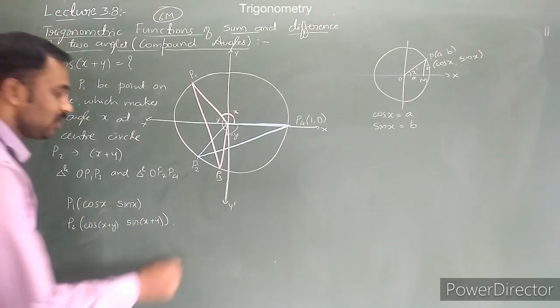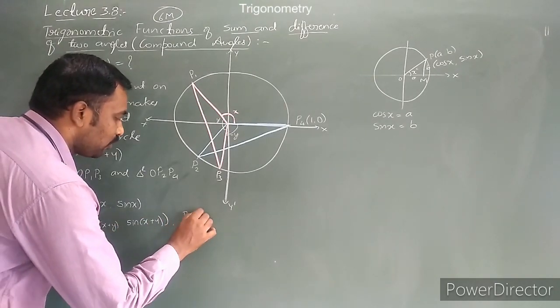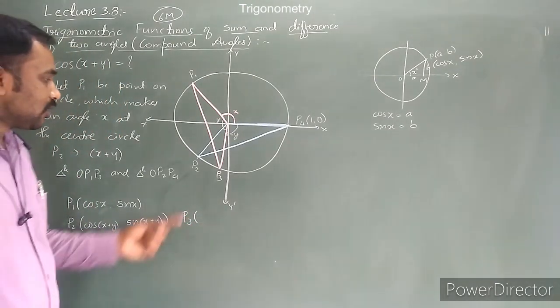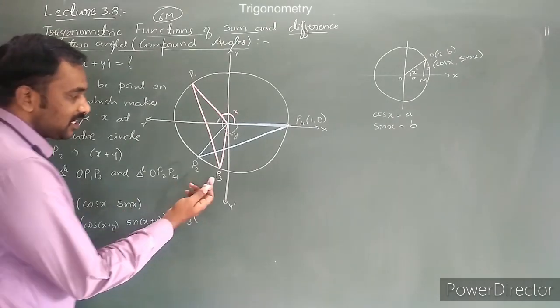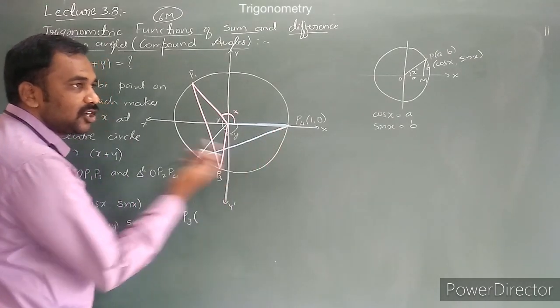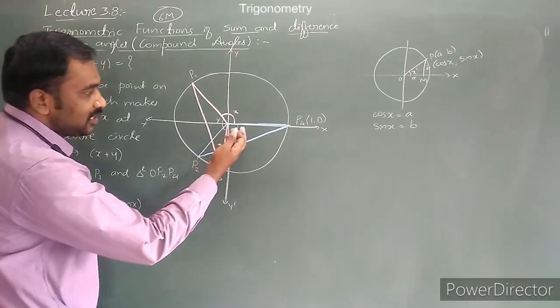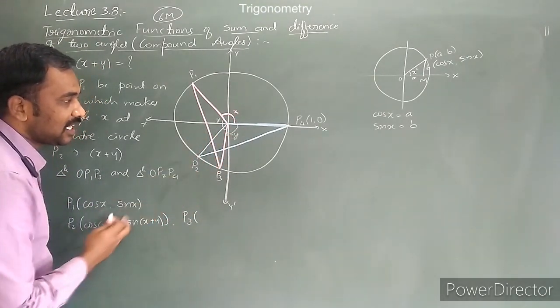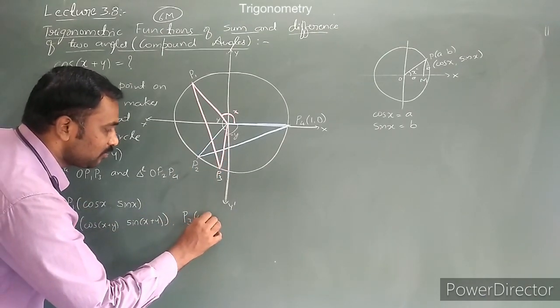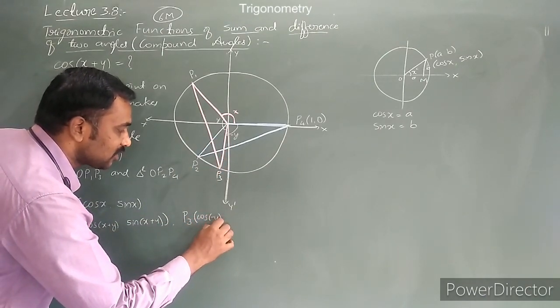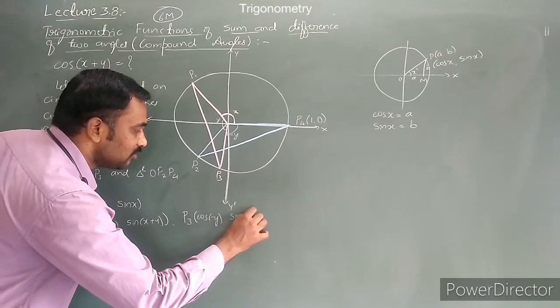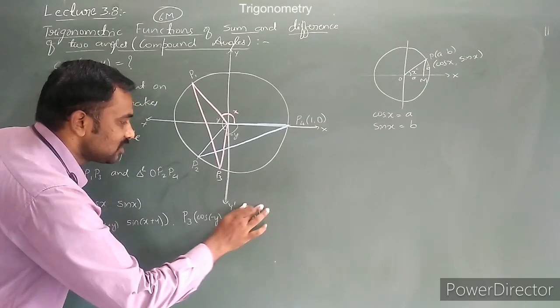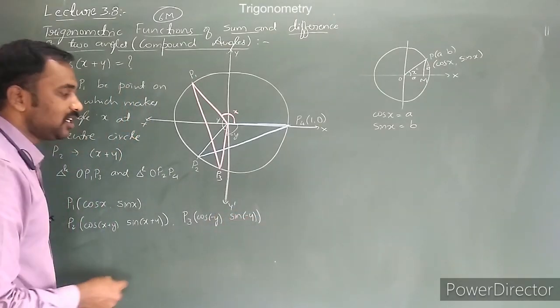Next, what is the coordinate of the point P3? The central angle with the x axis, how much angle is it subtending? Here it is the negative direction, or clockwise direction. So we can write it as cos of minus y comma sin of minus y. This is the coordinate of the point P3.